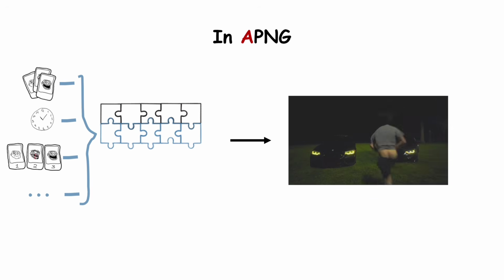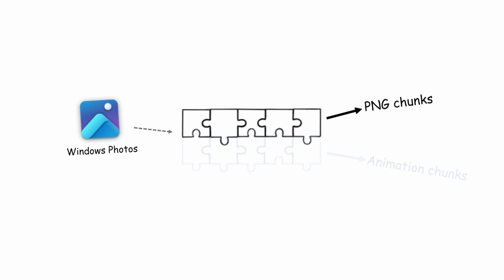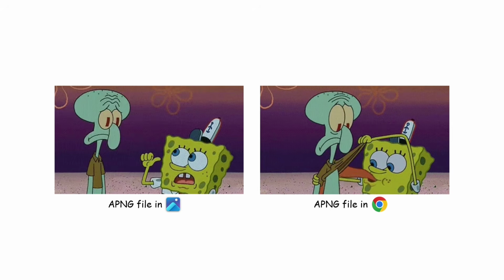for playing the animation. Because of this kind of structure, if a software that doesn't recognize APNG opens the file, it ignores those unknown chunks related to the APNG file and only displays the first frame as a static PNG image. This wonderful feature is called backward compatibility.